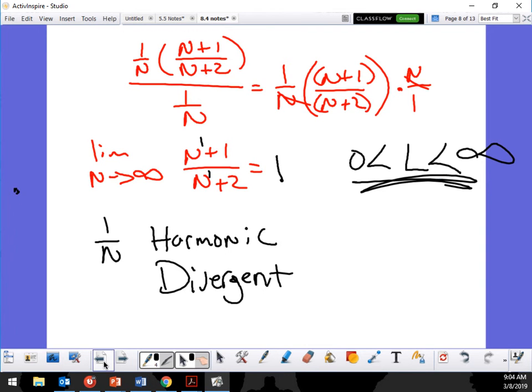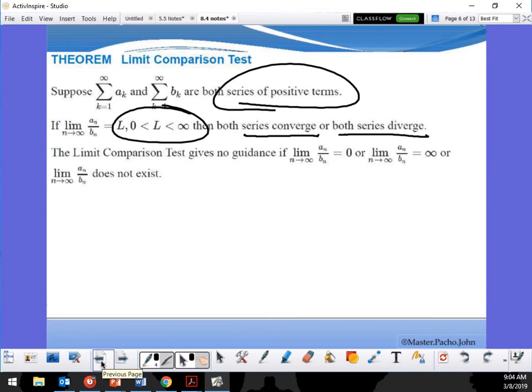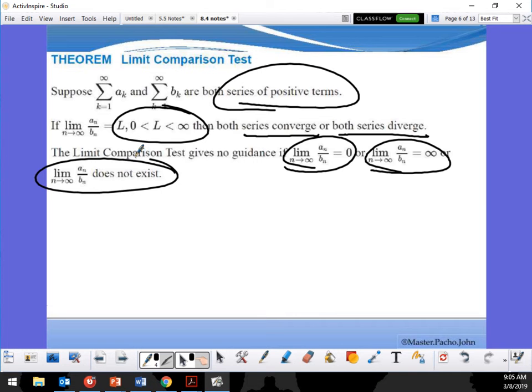So what other cases would not work? If my limit came out to 0, my limit comes to infinity, or the limit does not exist, there's no guidance. This only works for these types of problems.